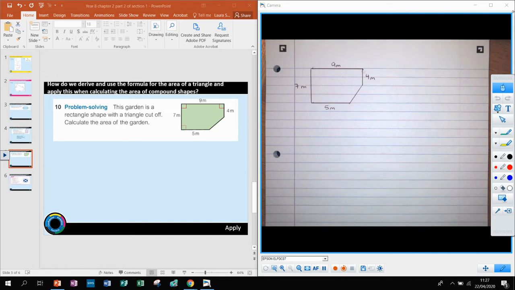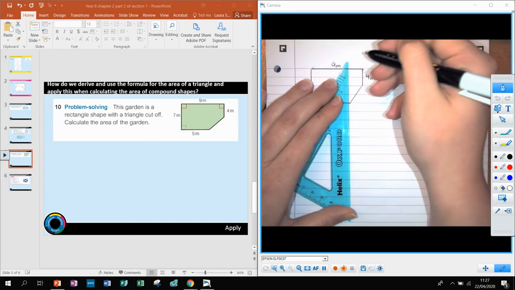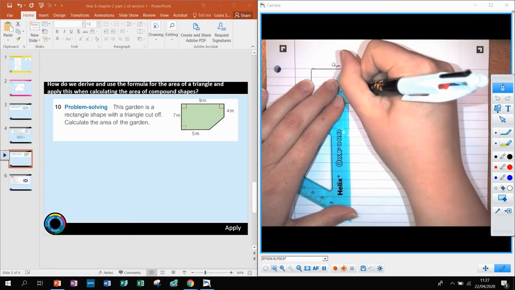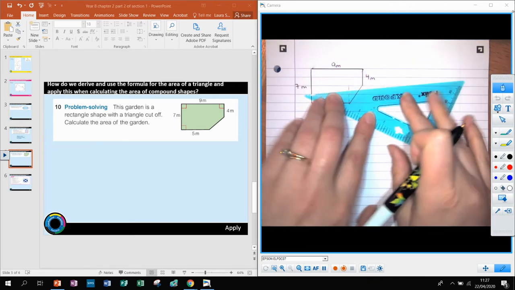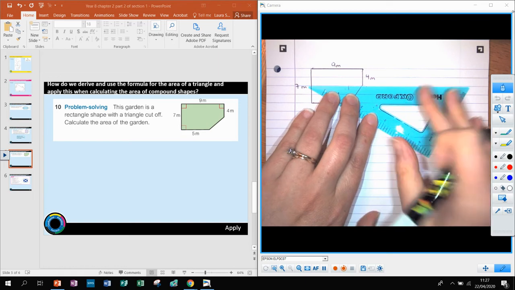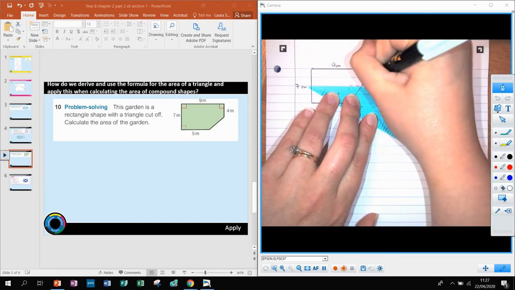Right. Well, there are two ways to do this question. Okay, and I'm going to show you the one with more steps first and then show you a slightly easier way. All right, so the one with more steps, okay, which you might have done, it's not a problem, it still works, is to split this up into 3 different shapes.